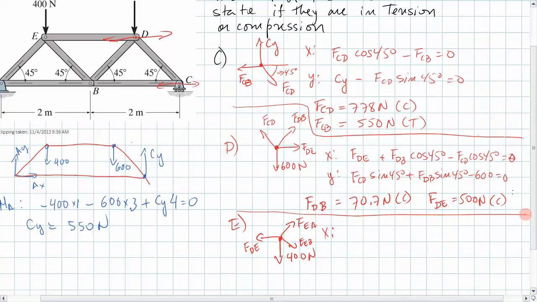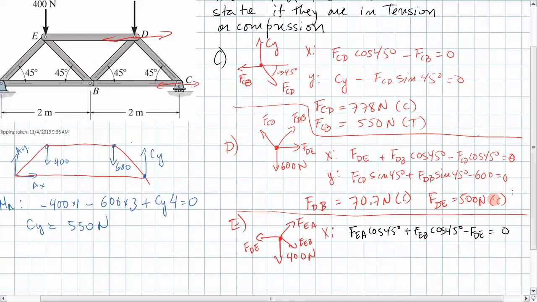Okay, so now we can write the Newton's equations. For the x-axis, we get FEA cosine of 45 degrees plus FEB cosine of 45 degrees minus FDE, that is equal to 0. And remember, I know FDE from here.